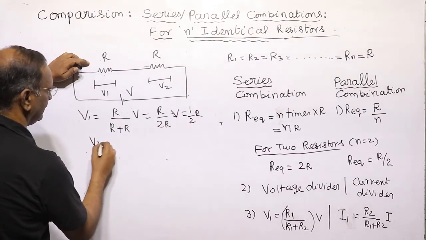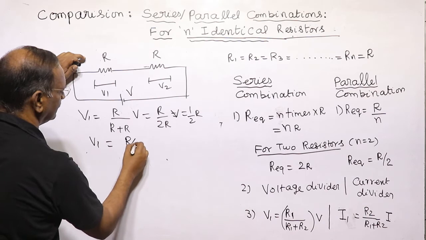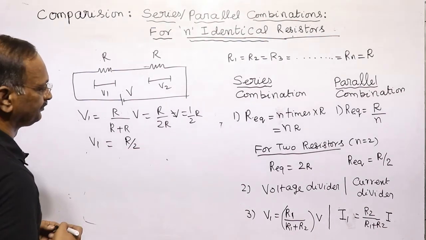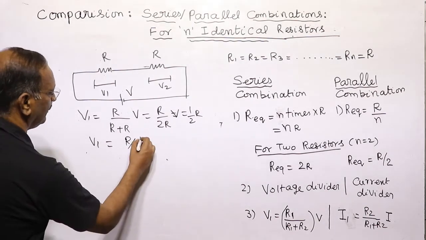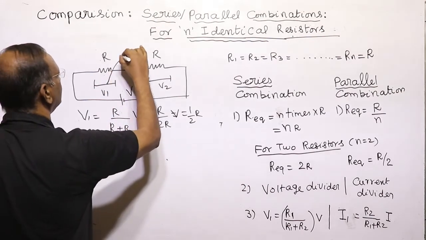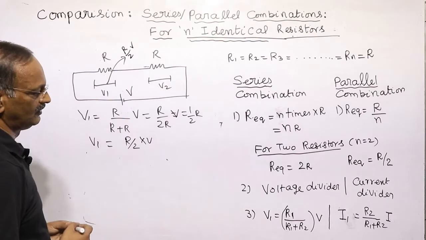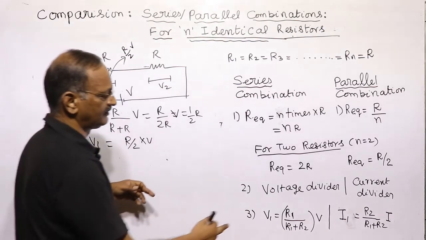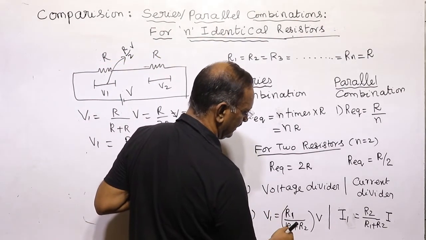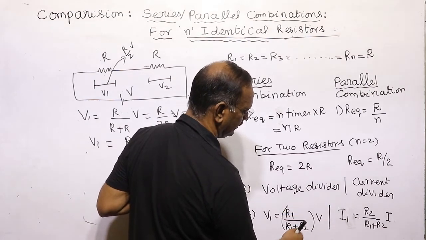Therefore voltage 1 is equal to R by 2R into V. So here the voltage is equal to R by 2R into V, that is R1 over R1 plus R2. Simple calculation, R divided by 2R is equal to half.